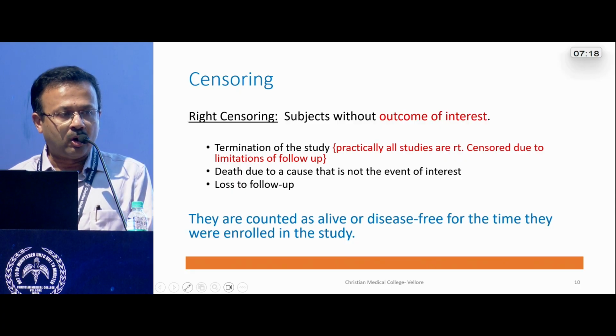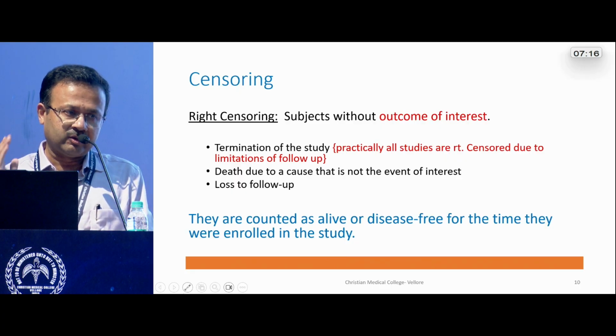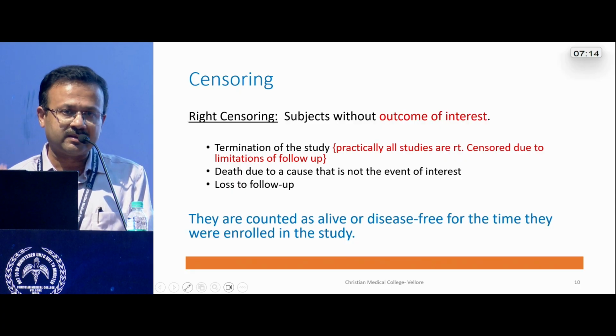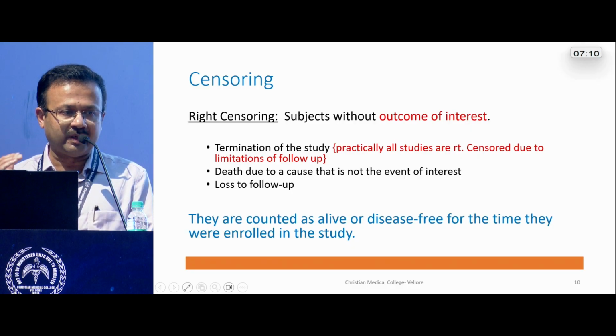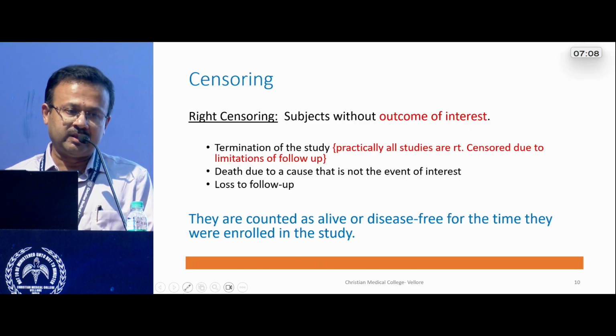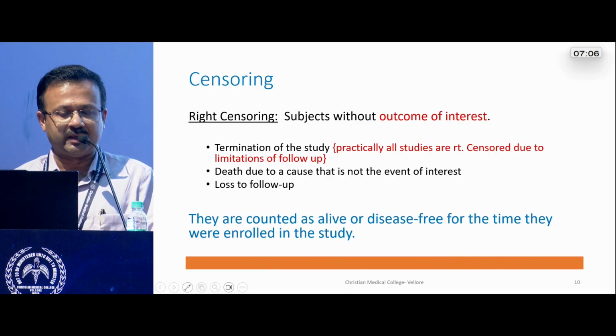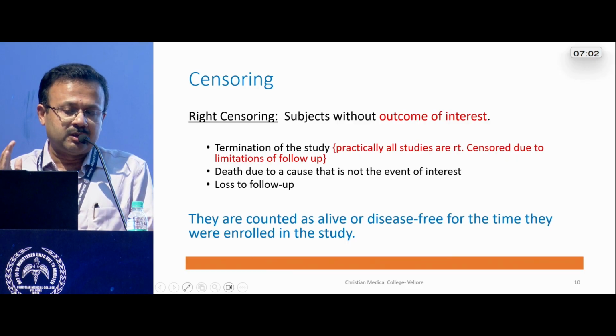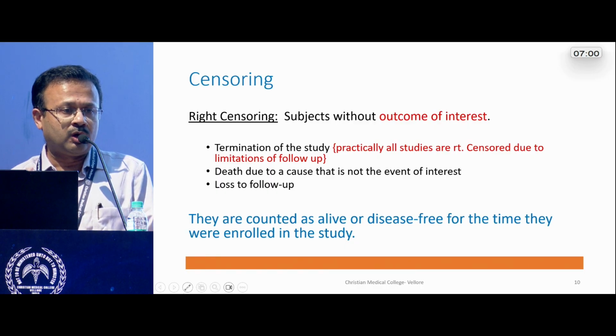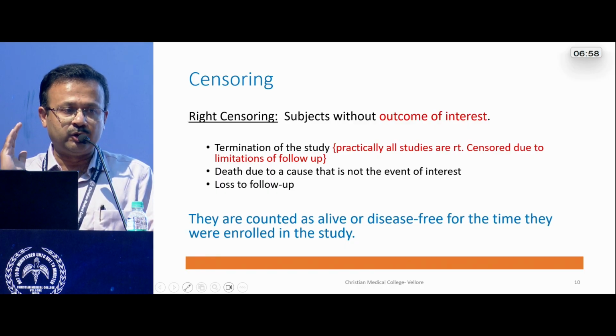So almost all trials and all prospective studies will be right censored, where you say, I will follow this patient up for a period of 1 year, 5 years, and beyond 1 year, 5 years, I do not use the data for that patient. So right censoring means the patients who do not have an outcome of interest during the follow-up period.